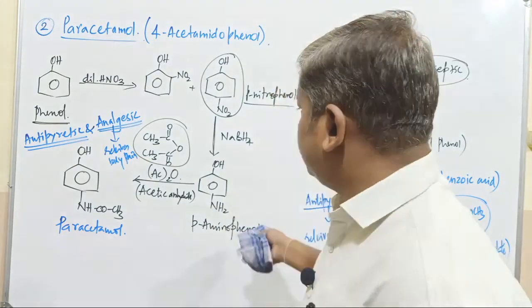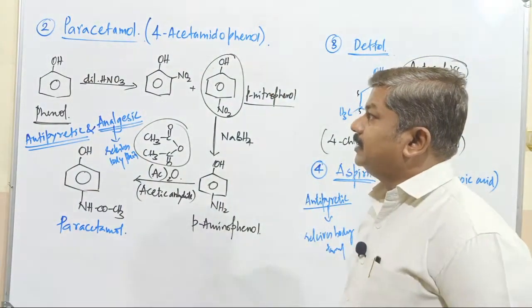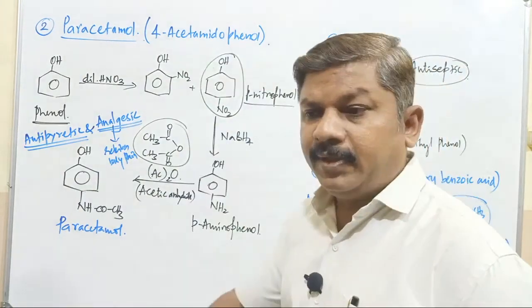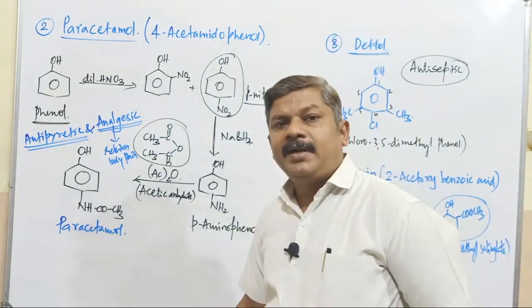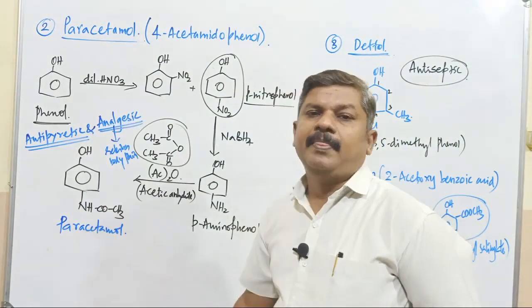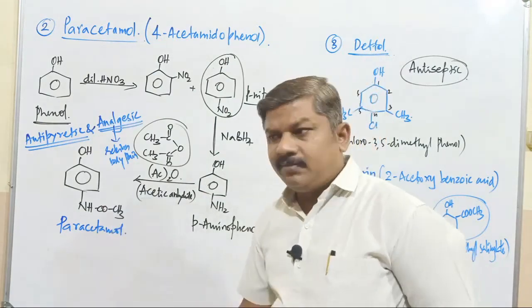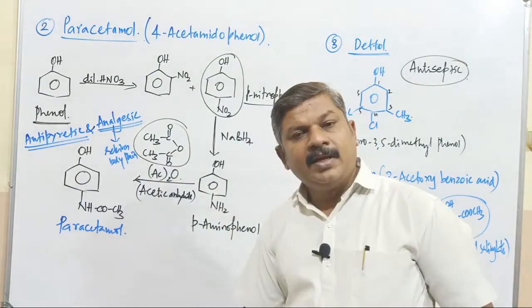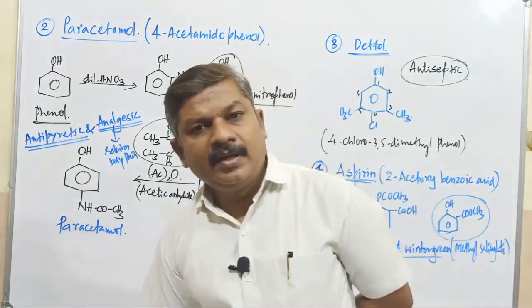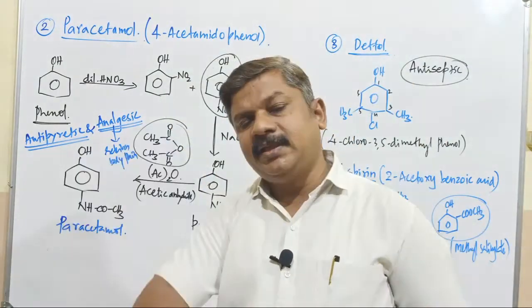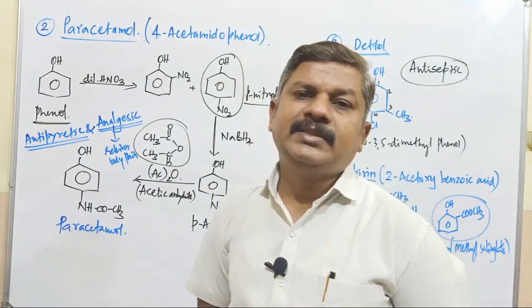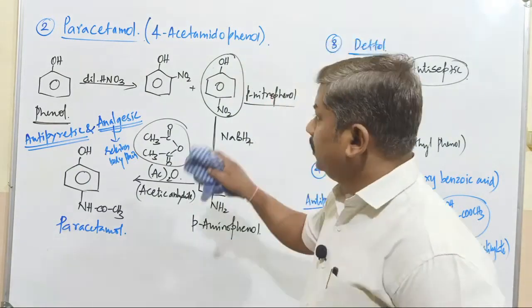Some reactions are not mentioned in NCERT, but they are important from the view of competitive examinations, and I also explained other reactions of phenol, alcohols, as well as, in the previous lecture, haloalkanes and haloarenes. This is about complete phenol.